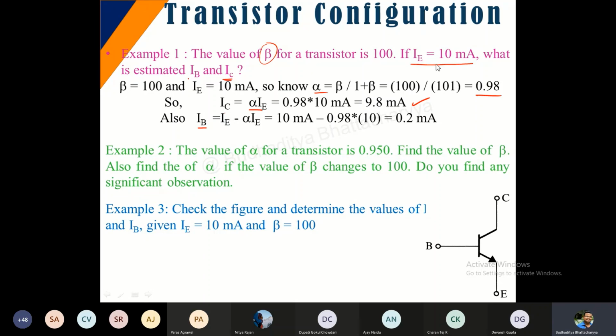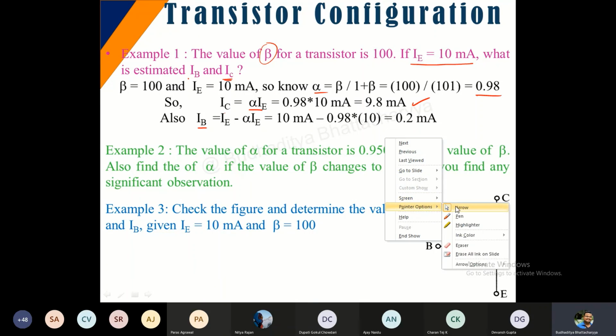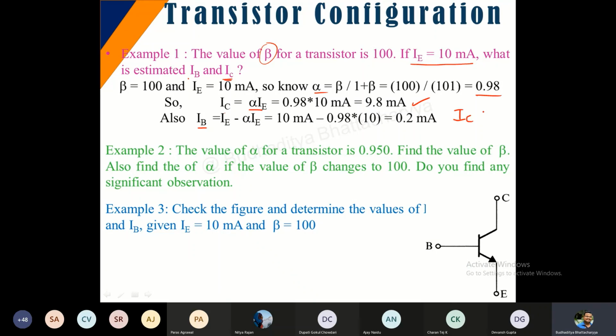So it's very close. But you can observe the condition is satisfied, that is, IC is less than IE. And you can also observe that IB is significantly small compared to the rest of the currents. So that is also proved.